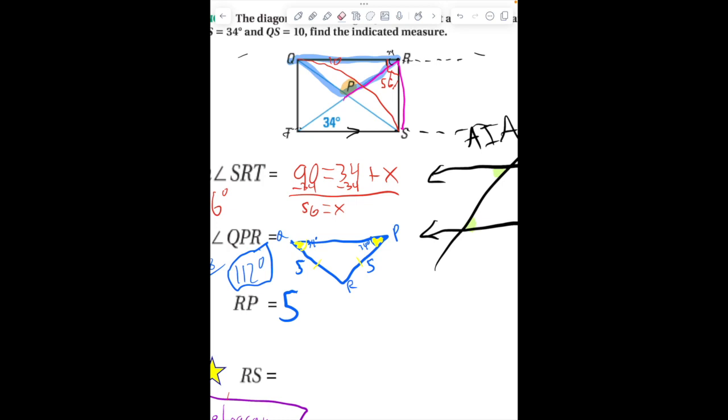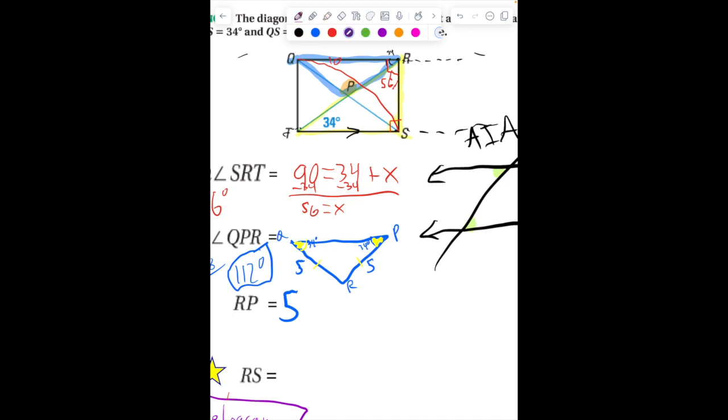RS is a bit of a tricky one. RS is going to be this side right here. What I need to do is find a right angle so that I can use trig. I know that this corner is a right angle. So to find RS, I'm going to use RS, TS, and RT to create a triangle, and I'll sketch that out.